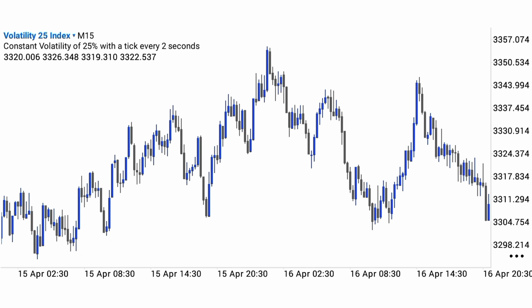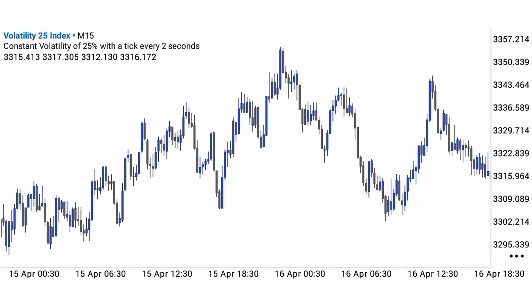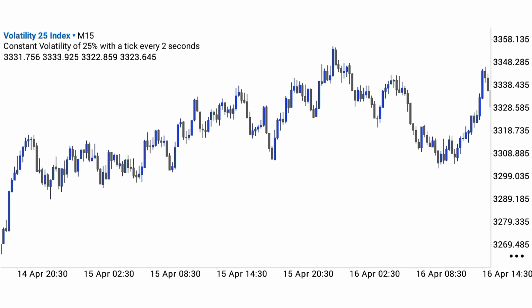That is the reason why a lot of traders failed in the market. They try to use all trading strategies for all indices, but that is very wrong. So a strategy that works on boom and crash sometimes may not work on volatility. And the one that works in volatility will not work in boom and crash.